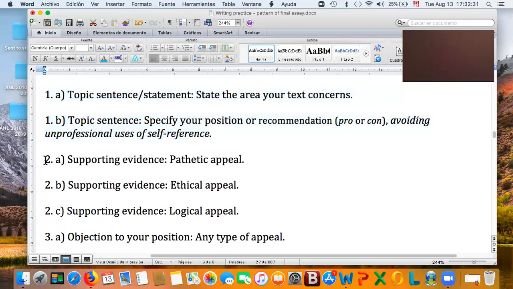And then 2, we get into the support. For strategical reasons, I have suggested ordering these 3 types of support in this way, but depending on the strategy or the needs and the situation, the context of the writer, any order may be appropriate.